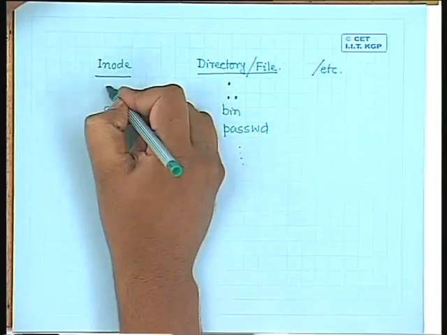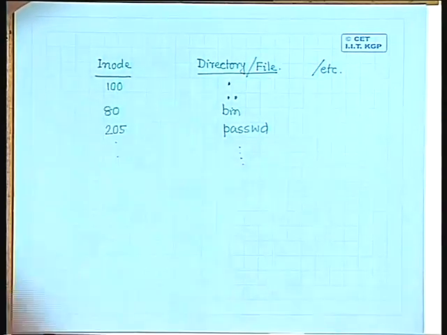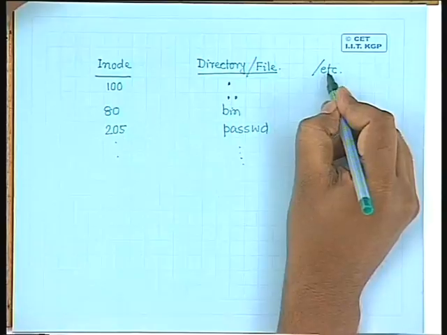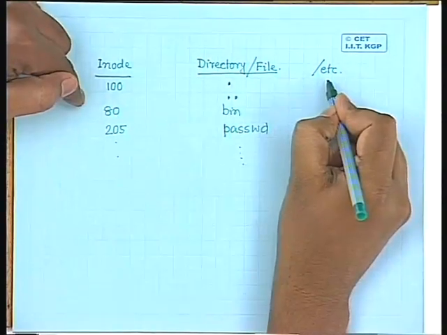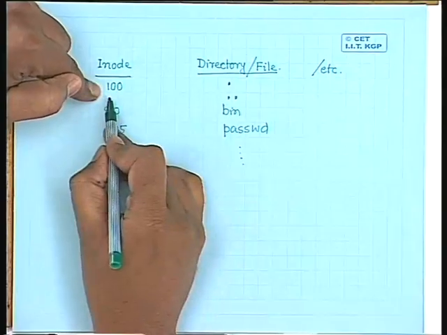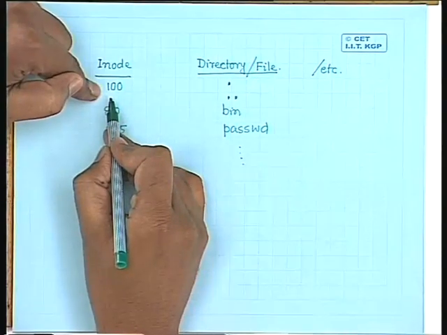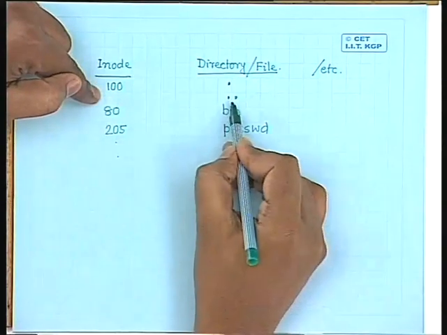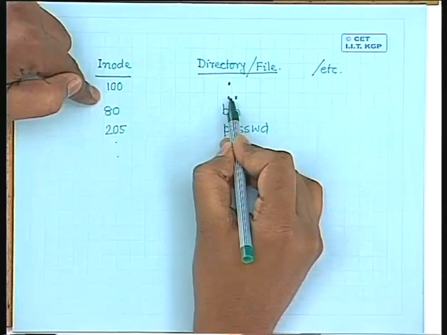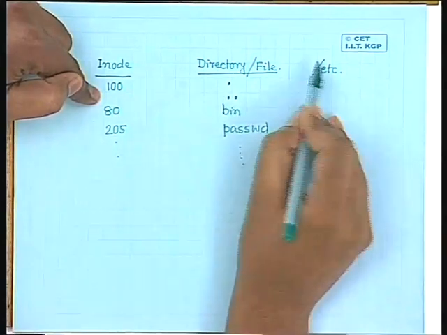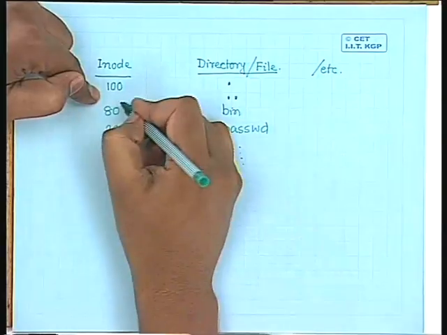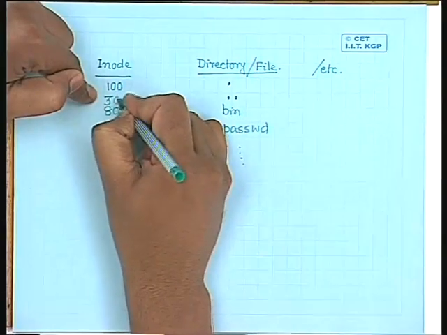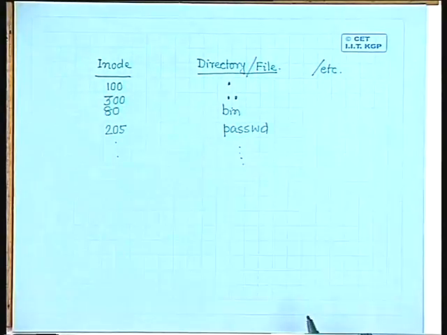Suppose this number is 100. Then, as I said, the current directory is etc, and the directory etc itself is assigned inode number 100. Dot dot gives you the inode number of the parent directory of this directory. So, maybe the parent directory of this has been allocated an inode number of 300.